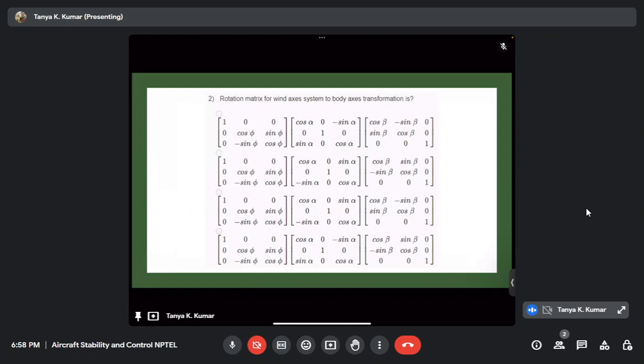The equations are greatly simplified. That is where we use these wind axis or stability axis. Okay, so how do you rotate from wind axis system to body axis system? What is the sequence?